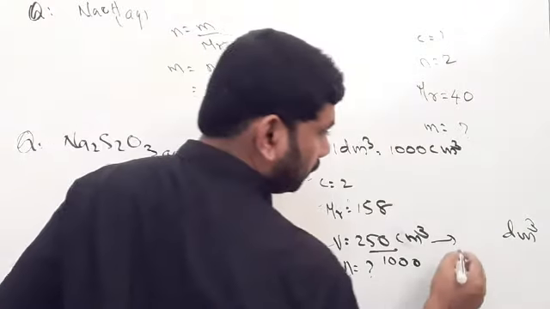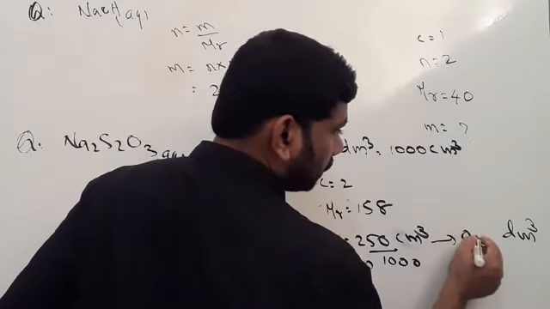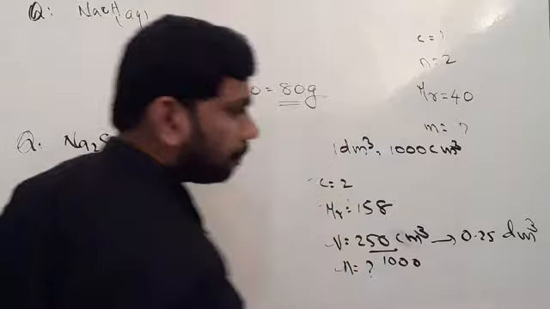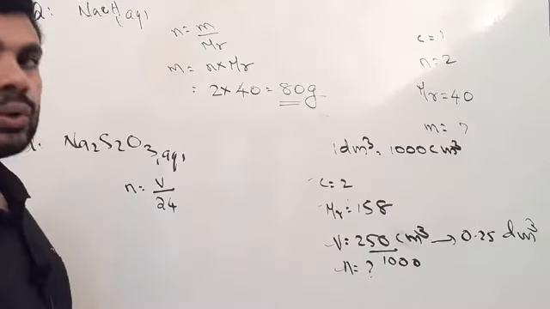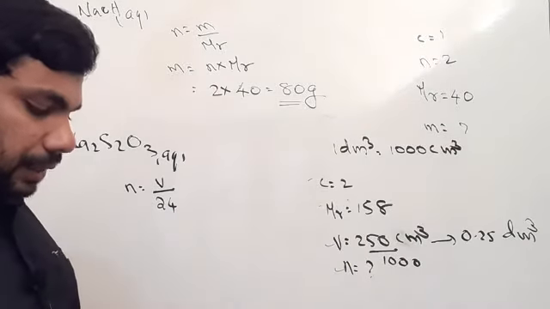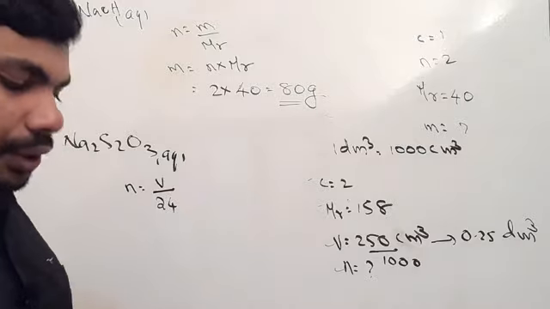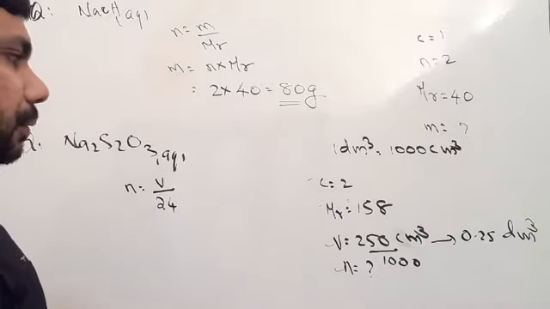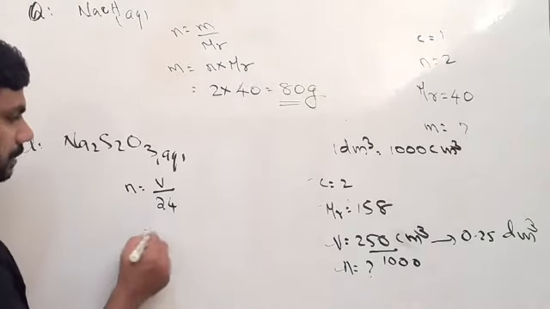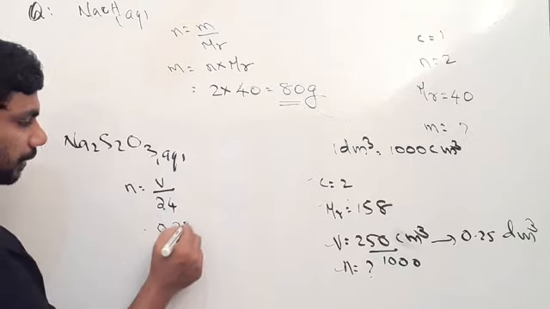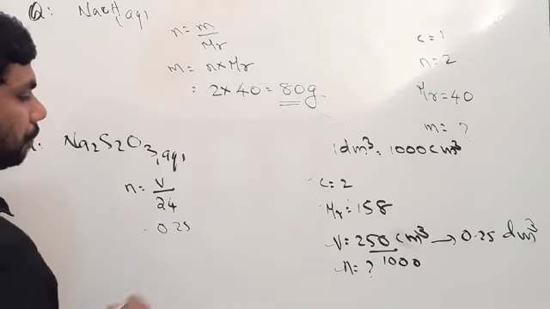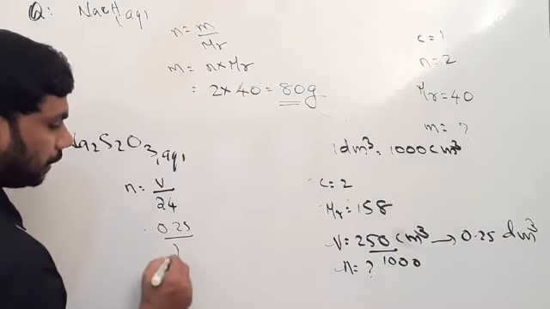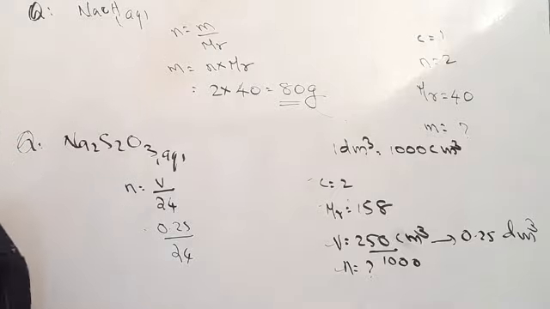So here it will be 0.25 decimeter cube. 250 centimeter cube means it will be 0.25 decimeter cube. Now number of moles is 0.25 divided by 24.